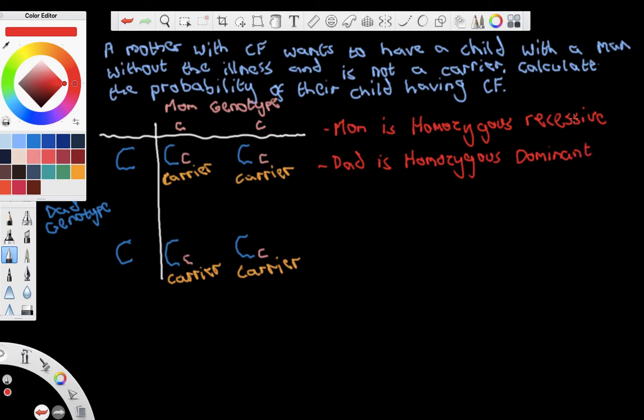Therefore, their cross will only make carrier children. So they have a 100% chance of having a carrier child.